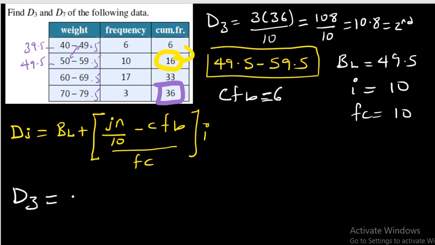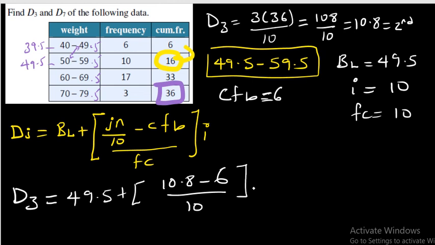The third decile is equal to BL, 49.5, plus, in big bracket, jn over 10, which we got already, 10.8, minus the cumulative frequency of the class before, that is 6, the whole over the frequency of the class, 10, then multiplied by the interval 10. Therefore you can cancel the 10.